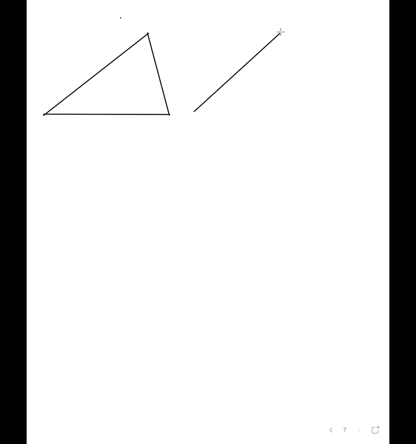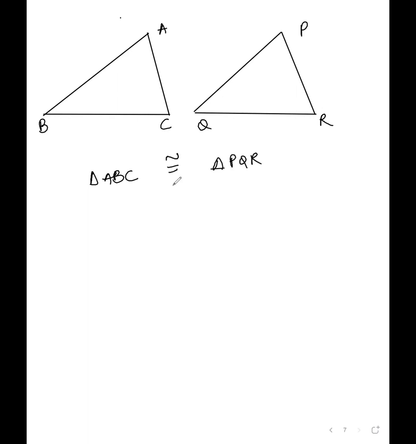I'm just drawing a rough figure. So these two triangles are congruent to each other. Let's call them triangle ABC and triangle PQR.